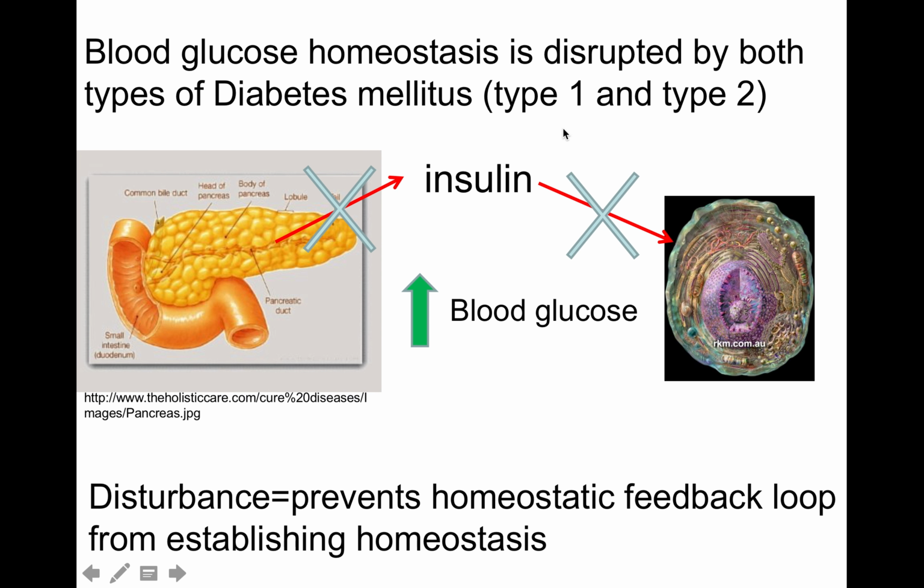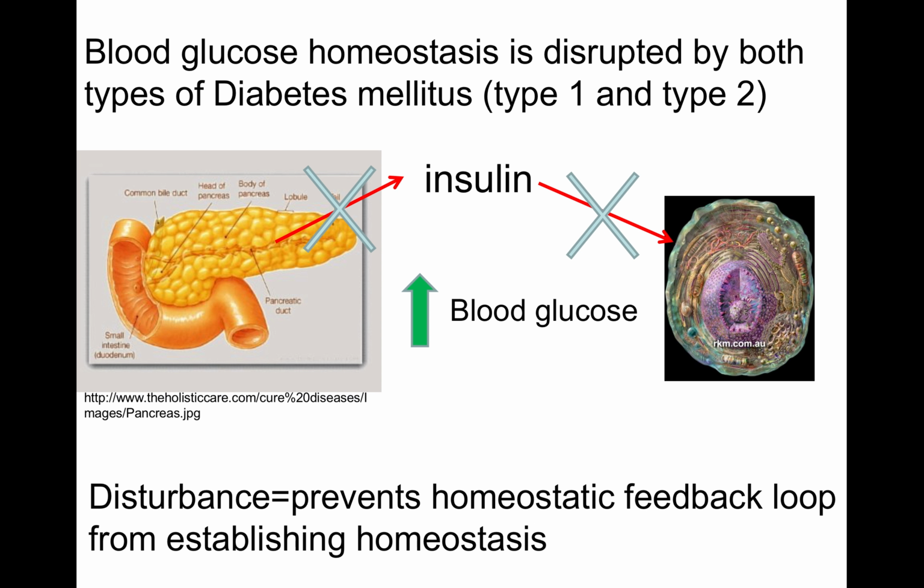So I'm going to read this one more time. In this scenario, when we talk about type 1 or type 2 diabetes, in type 1 diabetes, the pancreas, which is your integrator, is failing to produce the output, insulin. That's the first blue arrow. We also have a second scenario, which is type 2 diabetes, where the output is present.